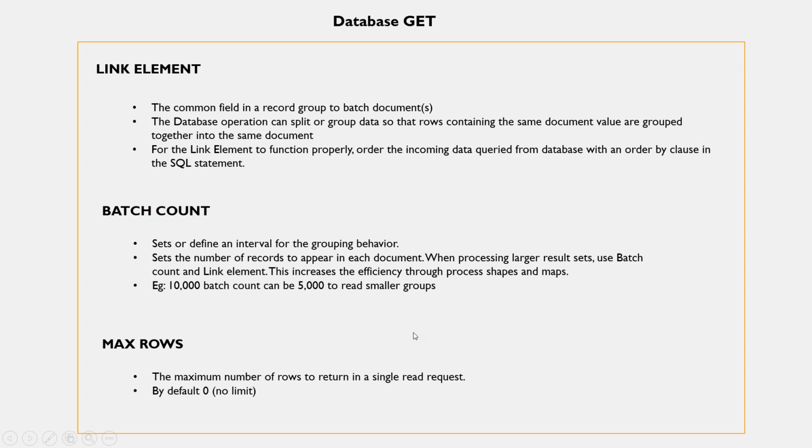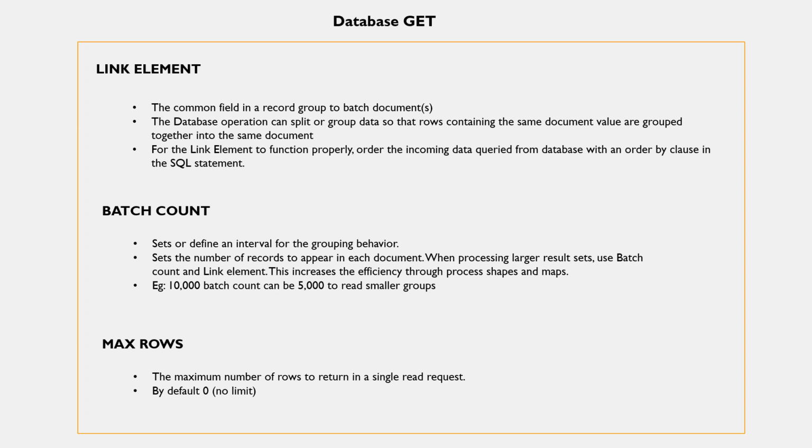And whereas coming to database get, we have seen link element, the common field in a record group to batch documents. The database operation can split or group data so that rows containing the same document value are grouped together into the same document. For the link element to function properly, order the incoming data queried from database with an order by clause in the SQL statement. And batch count sets or defines an interval for the grouping behavior.